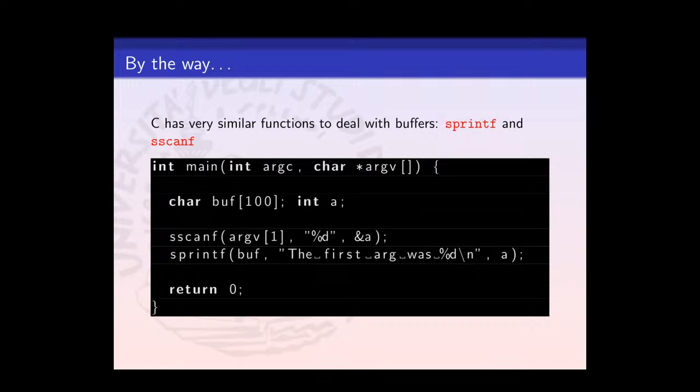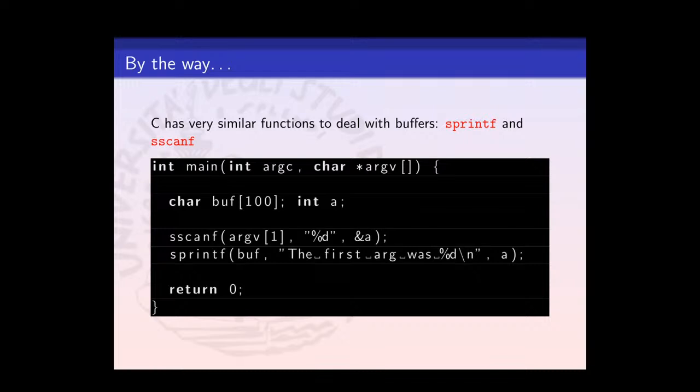By issuing sscanf, I'm basically interpreting the first parameter of the command line as a natural number. And now the variable a is a value, no more a string. Is it clear? So while argv[1] is a string, a is now a value, and will contain the interpretation as a decimal number of the string passed as first parameter for our execution.